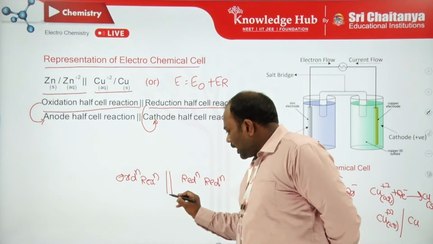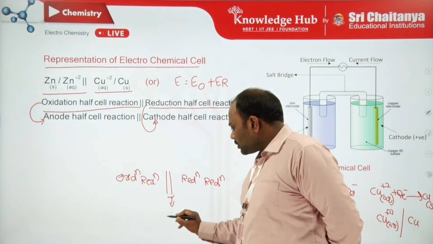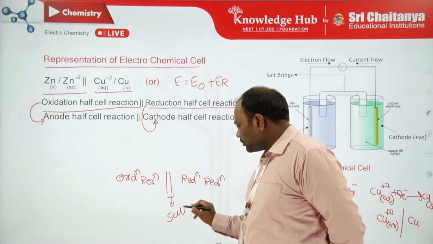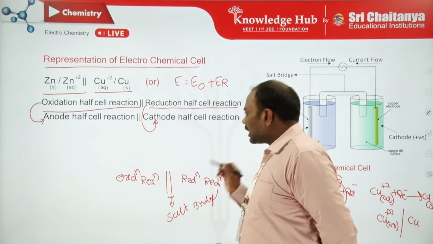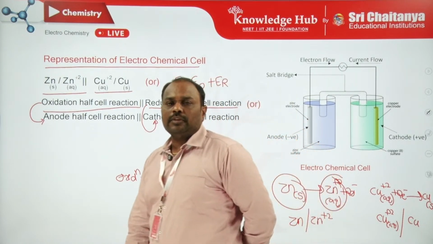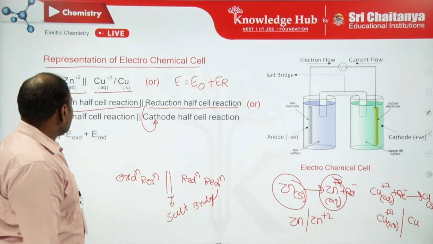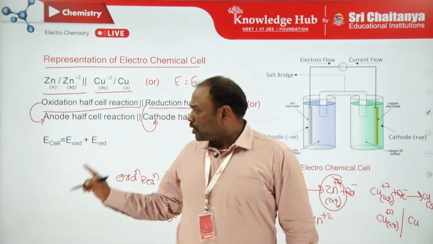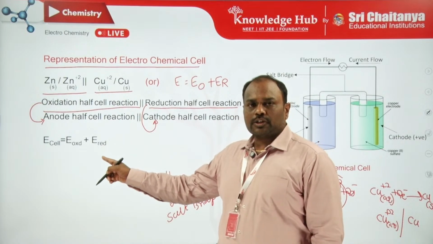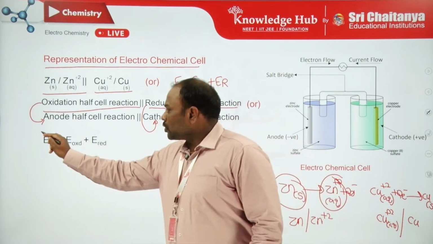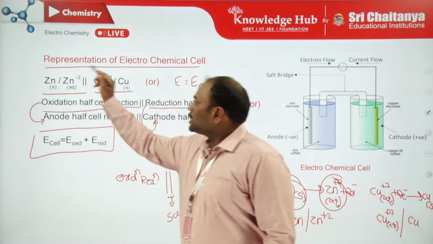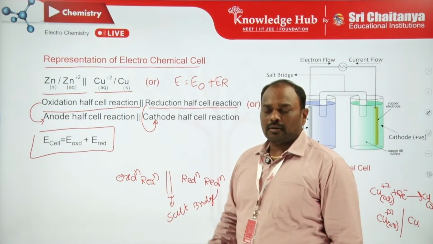The parallel line indicates the salt bridge. This is a representation of the cell. E oxidation plus E reduction, but the liquid junction potential value is taken as 0.